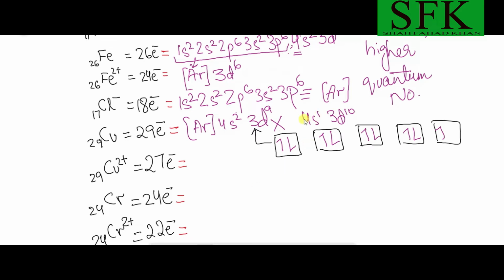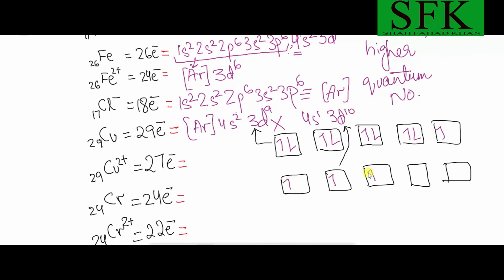And now let's write down the electronic configuration of the 3d10. 3d10 means all the orbitals have been completely filled. First the electrons are going to be singly filled and then pairing occurs according to Hund's rule.